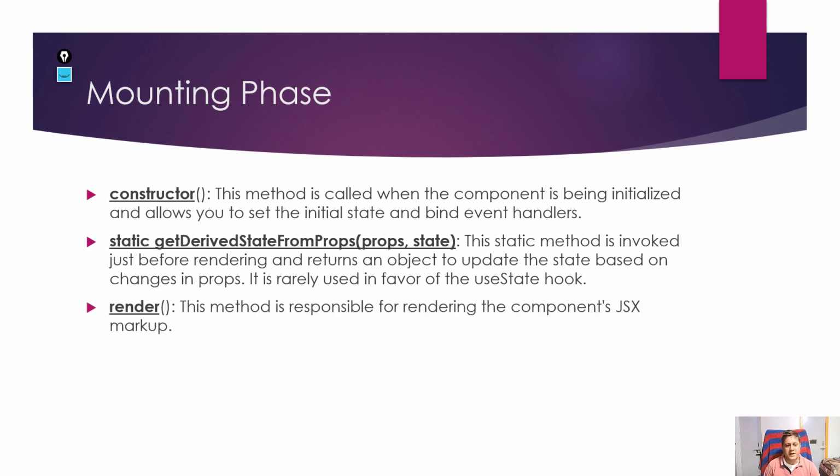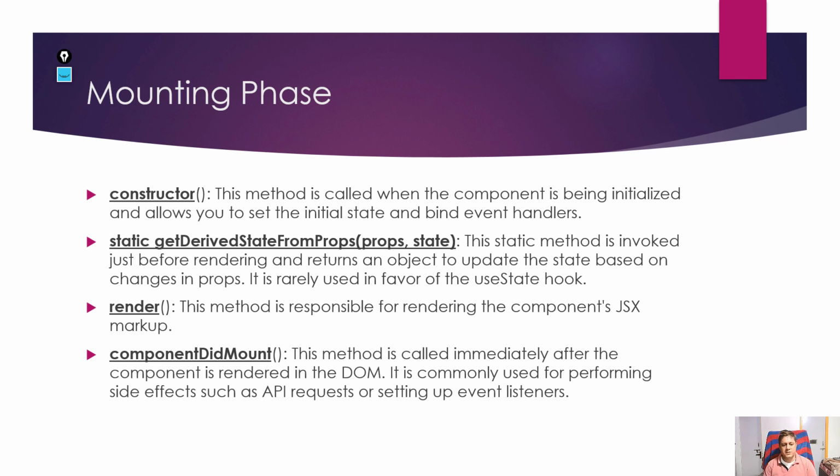As I said, render is one of the most important methods, which is responsible for rendering the component's JSX markup. JSX is nothing but JavaScript XML, and the conversion is taken care of by the Babel tool, which converts the JSX into plain HTML so that the browser can understand. As you all know, the browser doesn't understand JSX, so it needs a converter.